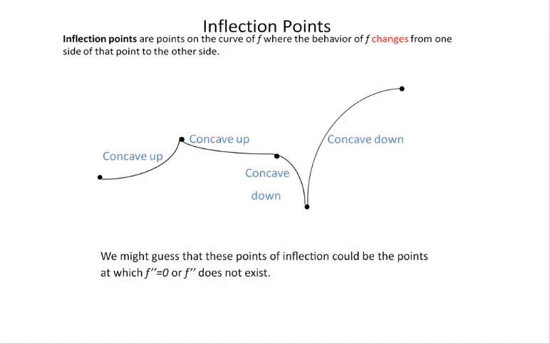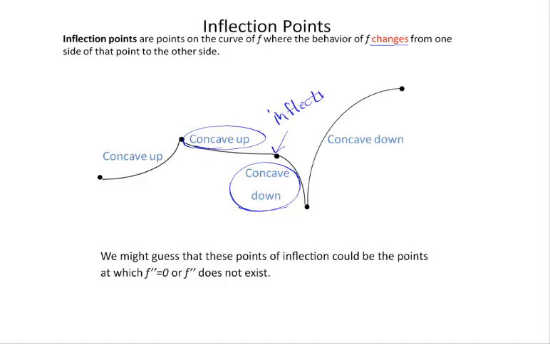So inflection points are points on the curve where the behavior of f changes from one side of that point to the other, specifically where concavity does change. When we change from concave up to concave down, we do have an inflection point.